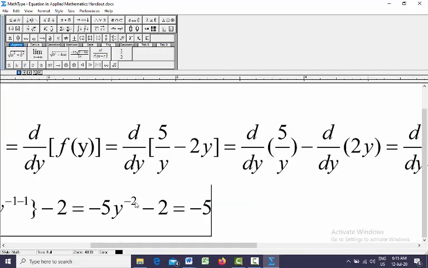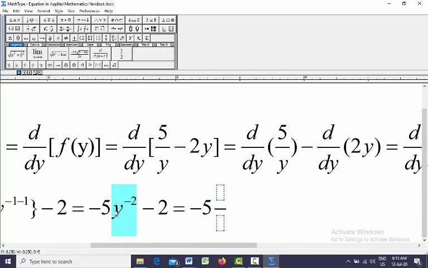Minus 5, and then always remember, if you want to remove the minus from the power, what you have to do, you have to get a fraction first. If you want to remove the minus from the power, you have to get a fraction first, and then you can take that variable along with the power in the denominator, except the minus sign.